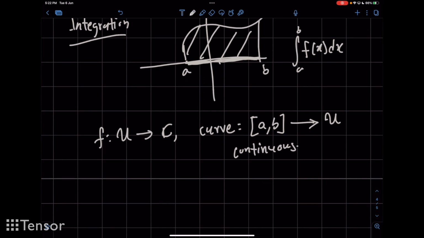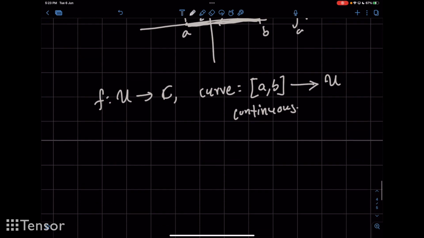And we shall say this is a smooth curve if this is a smooth map. Here we said the curve is continuous; we didn't say anything about differentiability. So if this map is infinitely differentiable, we call the curve a smooth curve.